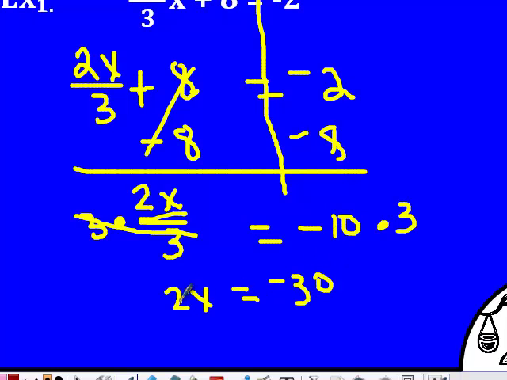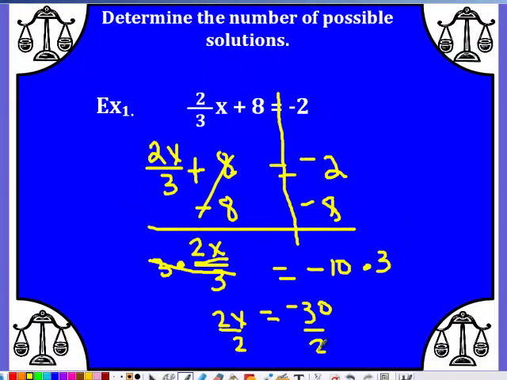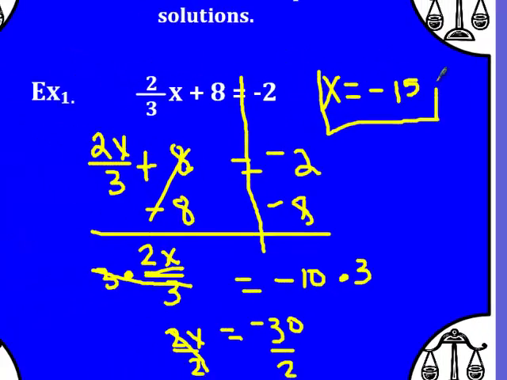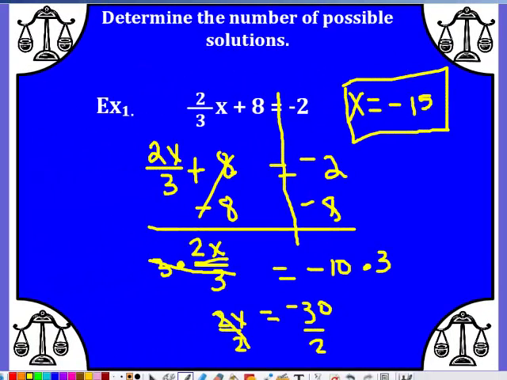One last step, I have to undo the 2 times, which is divide the left, divide the right. 2x divided by 2 leaves me with 1x, my goal. And then -30 divided by 2 is a -15. My value is -15. There is exactly one solution to this equation. Nothing else will work.